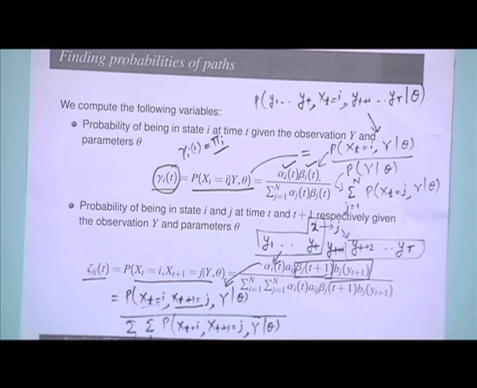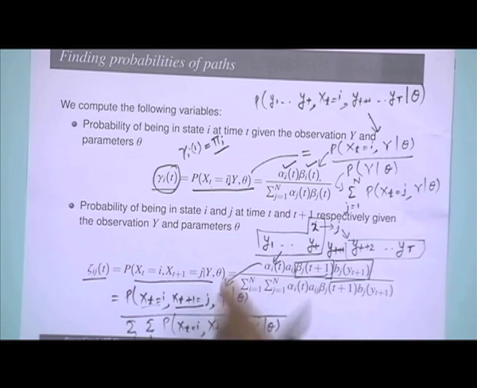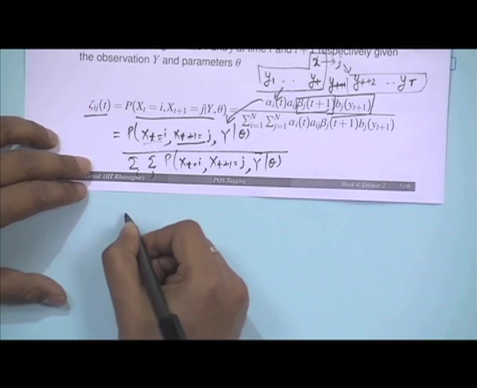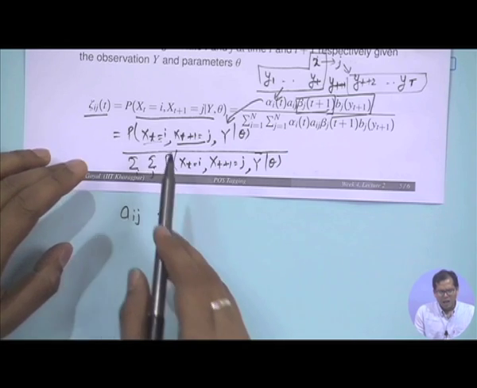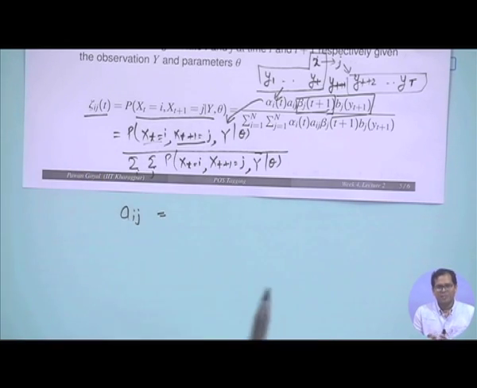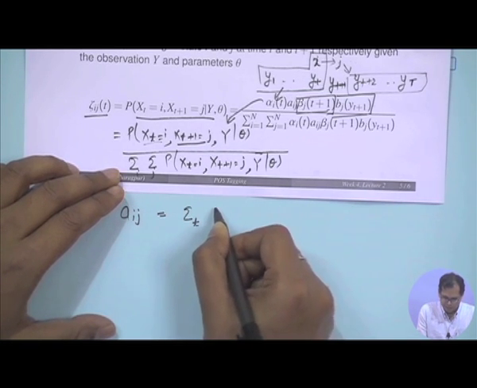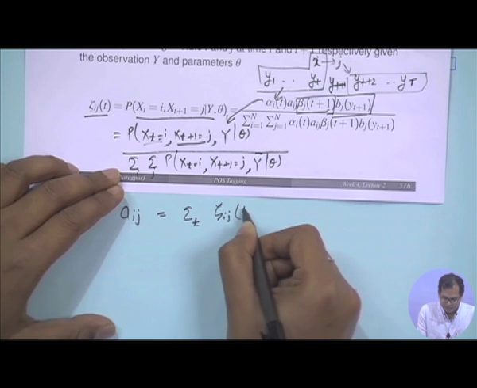Next thing I have to estimate is transition probabilities. Probability of going from state i to state j. Now I have computed this. Okay. So how do I compute my aij? aij would be, at all possible times, how many times you are having the sequence i and j. So this will be summation over t of zeta ij(t).